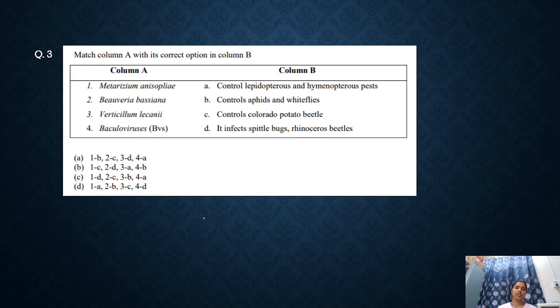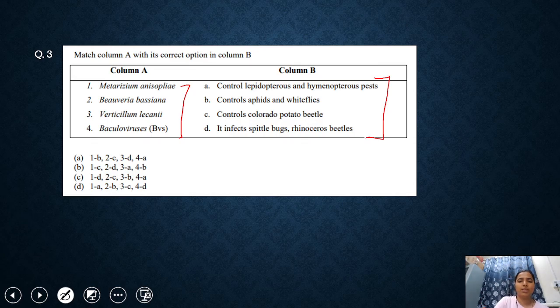So this is the next question. Match column A with its correct option in column B. In column A, four different microbial names are present, and these are the functions they are talking about.